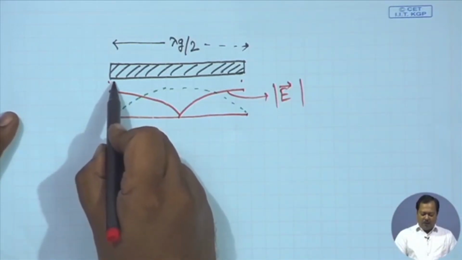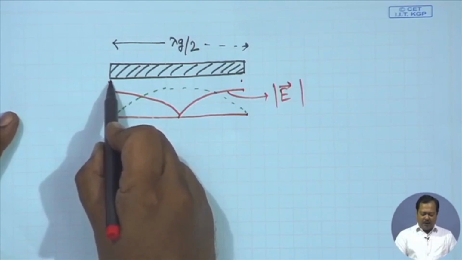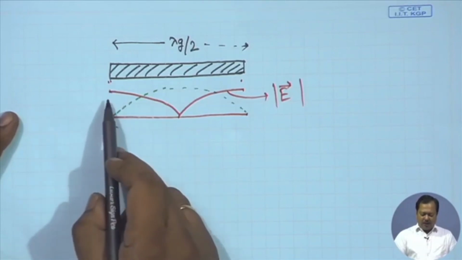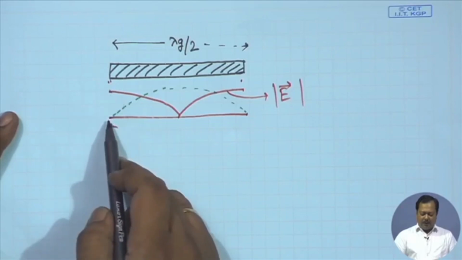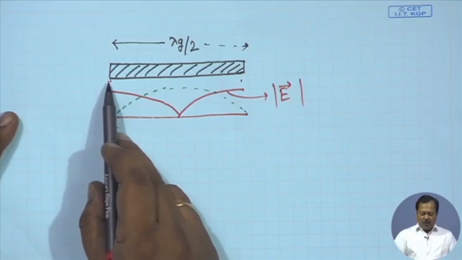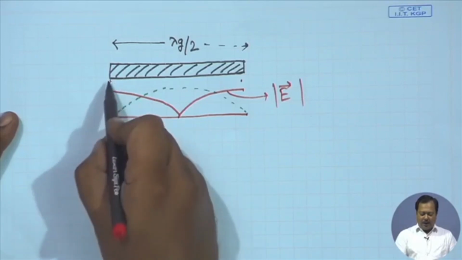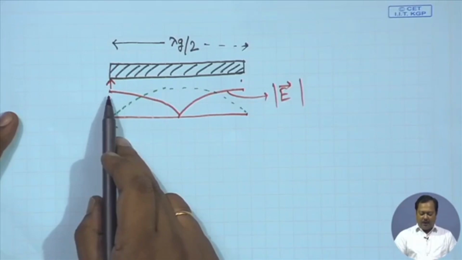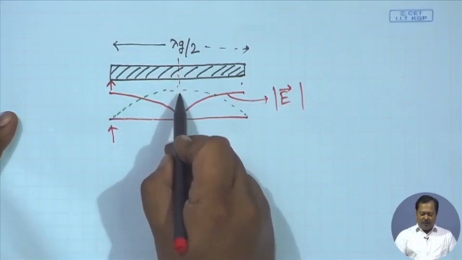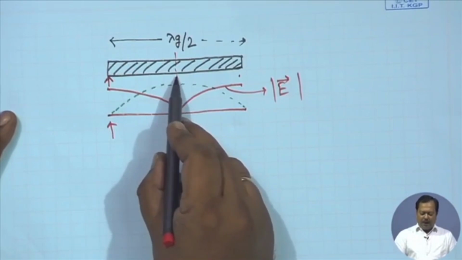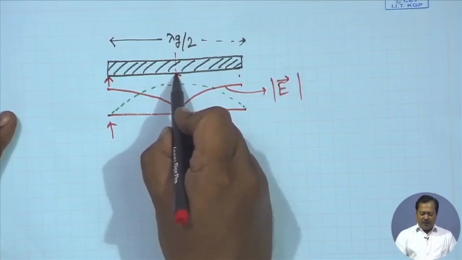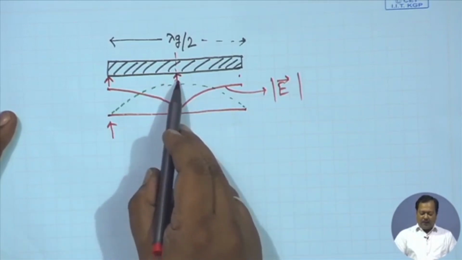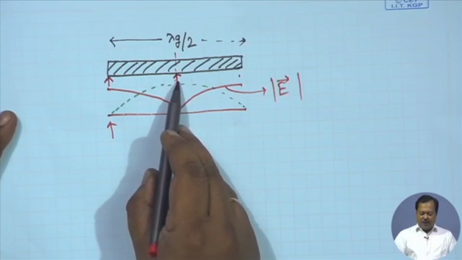Now, if I want to feed this resonator at this edge, we see that the electric field is maxima. So, the corresponding potential difference will also be maximum between the strip and the ground plane, but the current has minimum value. So, the impedance seen by the feed line, if I connect it here, will be infinite. Now, on the central plane, we have current maxima and electric field minima. So, if I feed at this point, we expect the input impedance is 0.